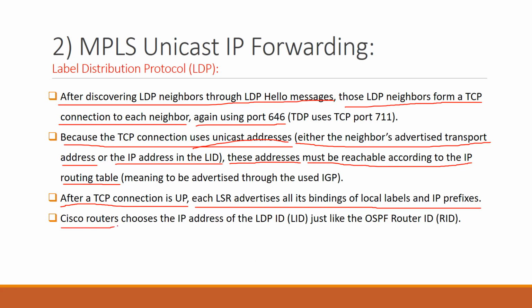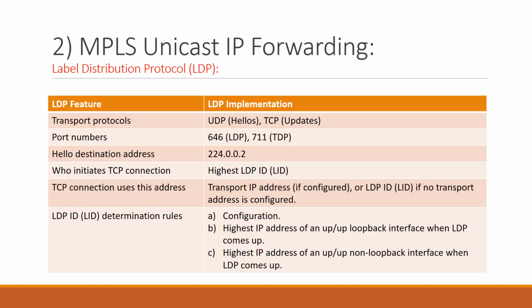Actually, Cisco routers choose the IP address of the LDP ID just like the OSPF router ID, in 3 steps, and we will explain them in this slide.